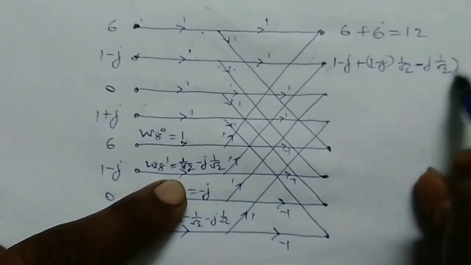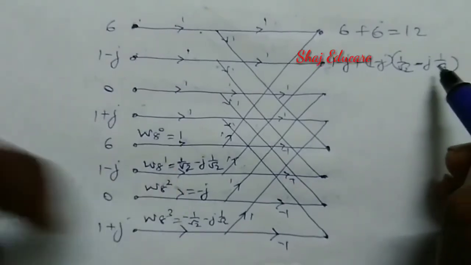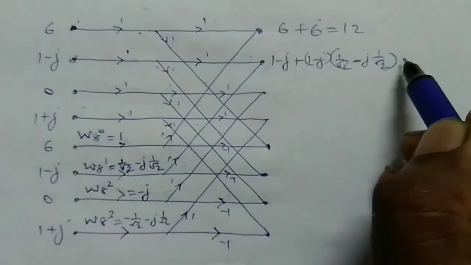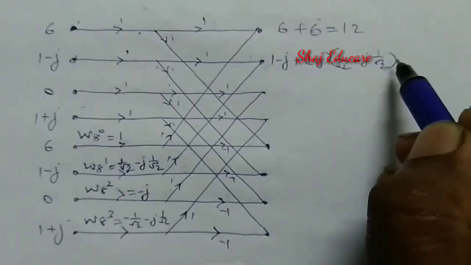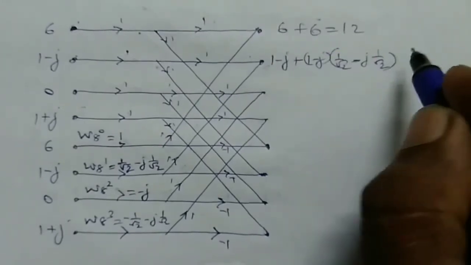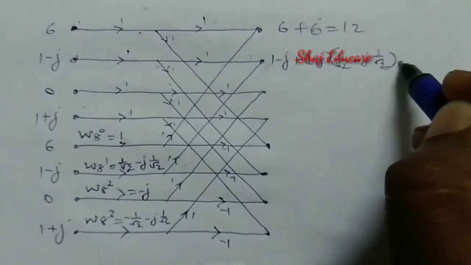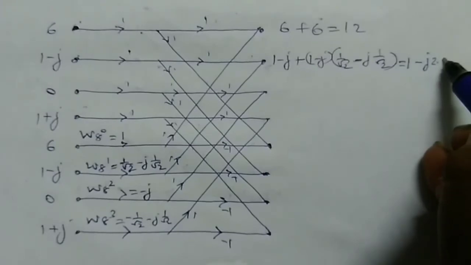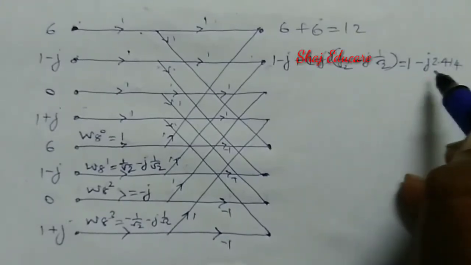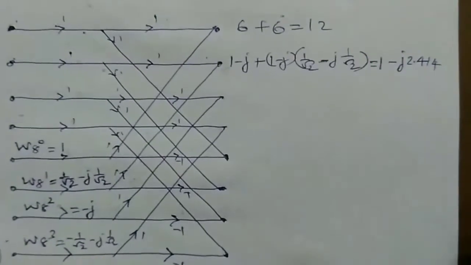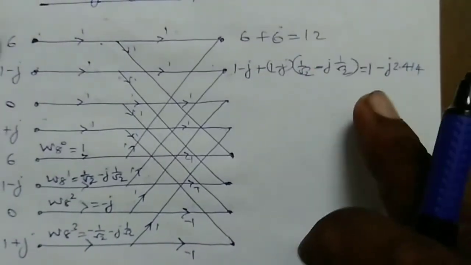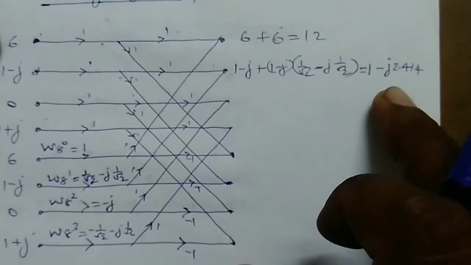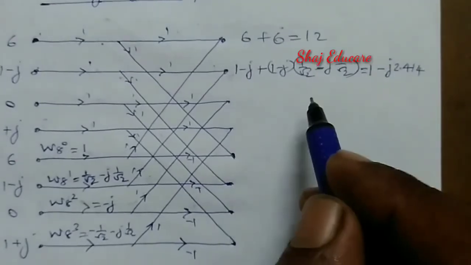Now we have to put the bracket, and you can evaluate the result of this calculation by using your scientific calculator, and the result you will be getting here is 1 minus j into 2.414. That will be the result what you will be getting. Just solve this equation using your scientific calculator, then it will be more convenient to you.